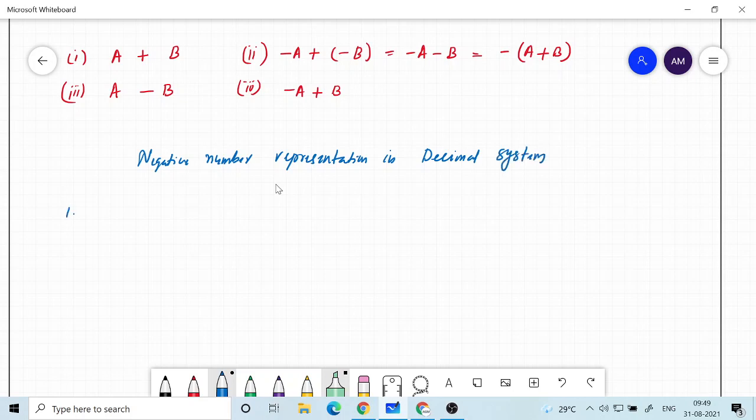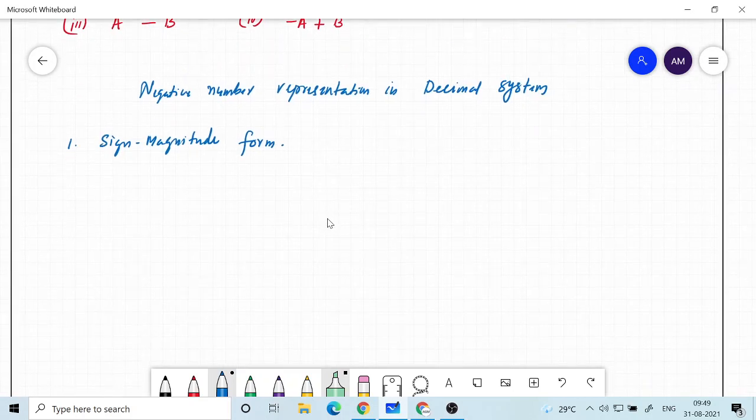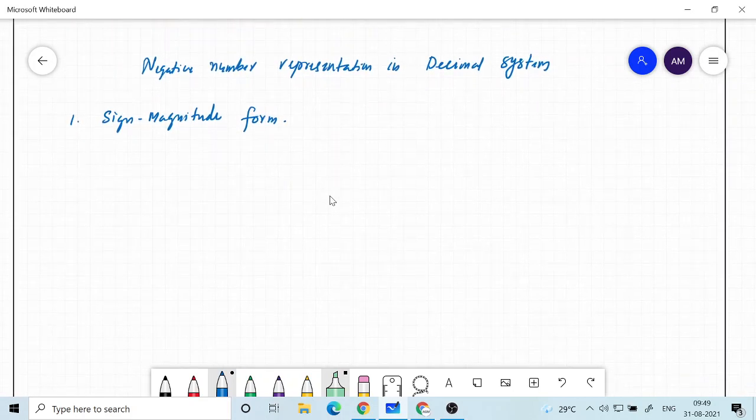Okay, so number one, whatever I have shown here, that has a name to it, that is keeping a sign attached to the number. This is called sign magnitude form. In sign magnitude form, we have a specific symbol to signify whether the number is positive or negative apart from the magnitude.